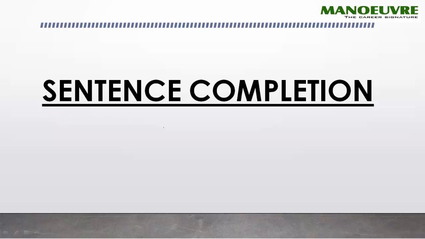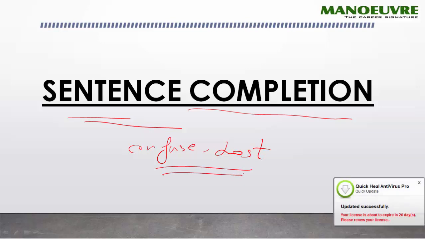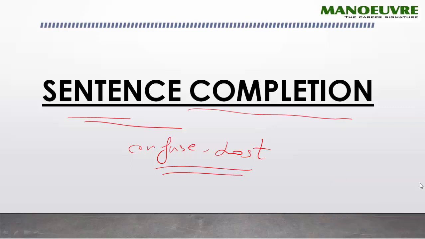In sentence completion there are so many things that we need to think about at that particular point of time, which may even confuse us, which may even make us feel that we are lost somewhere, right? To avoid these feelings, we have come up with certain techniques which we can use while solving sentence completion. We can make some tricks and tips known to us and use them in such a way that we are out of our dilemmas and confusions, right?